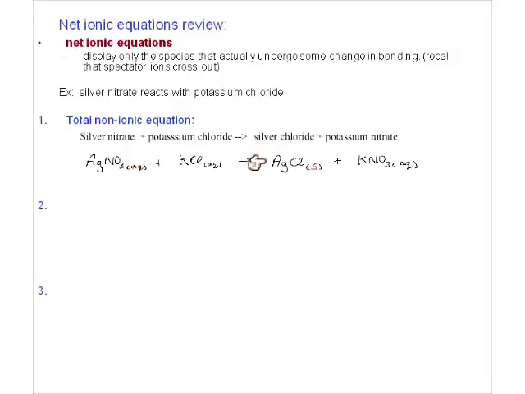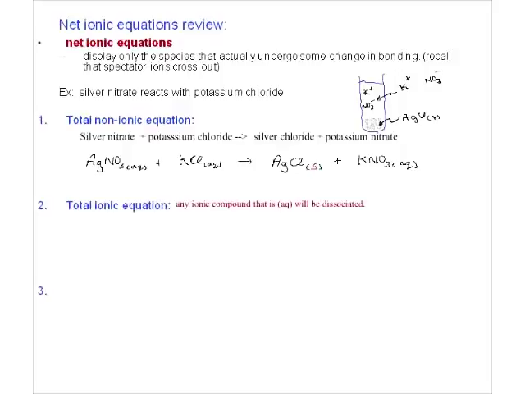Recall that if we looked at this particular reaction, when we mix these two together, we would see a white precipitate sinking to the bottom. And if you check your solubility tables for chloride, you notice that silver compounds with chloride would be insoluble, so they would precipitate as a solid. Okay, so we've got our total molecular equation. Good enough. We can see what's causing the white precipitate.